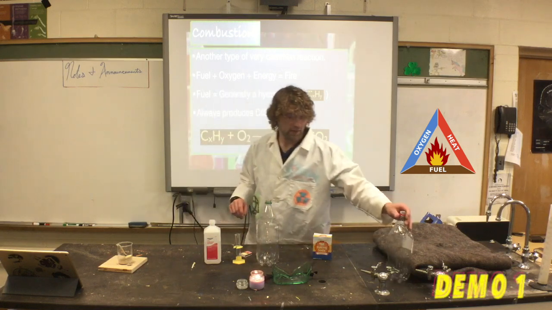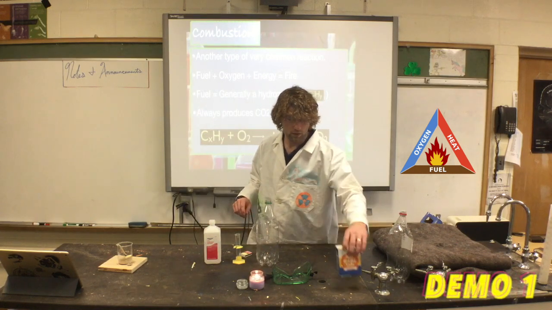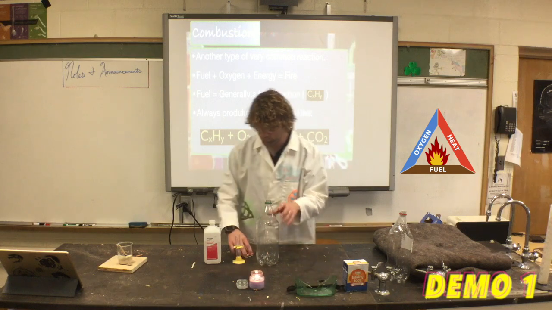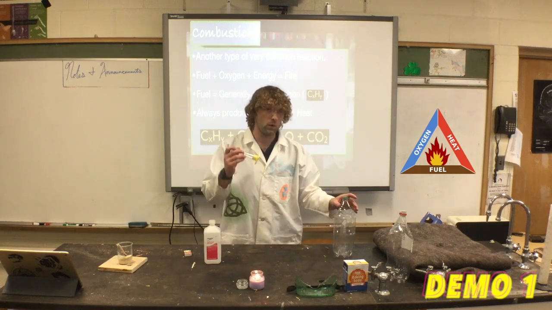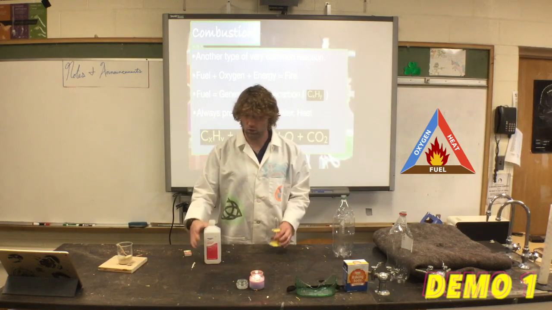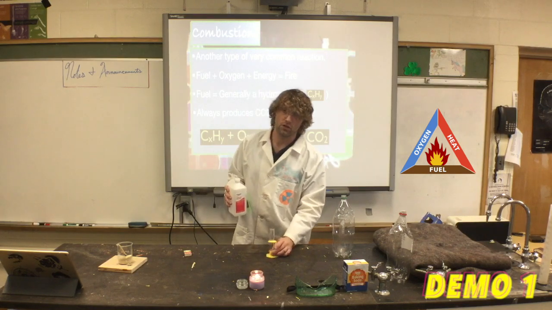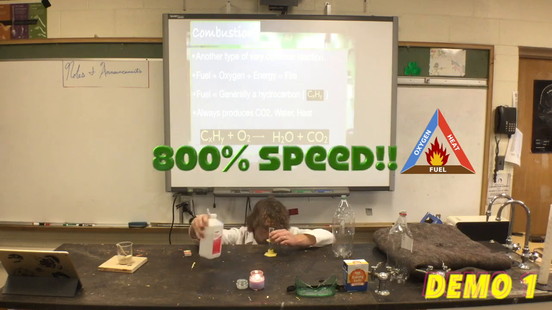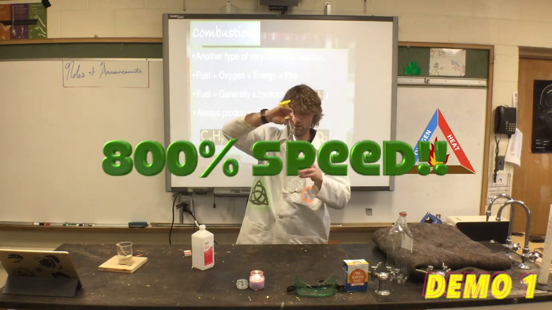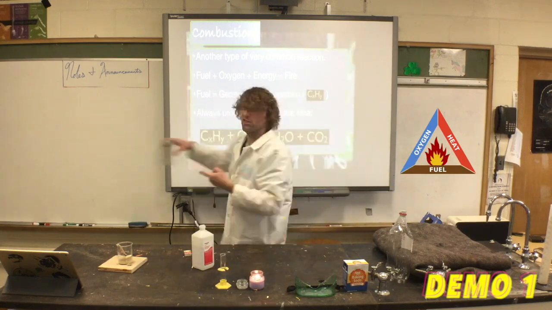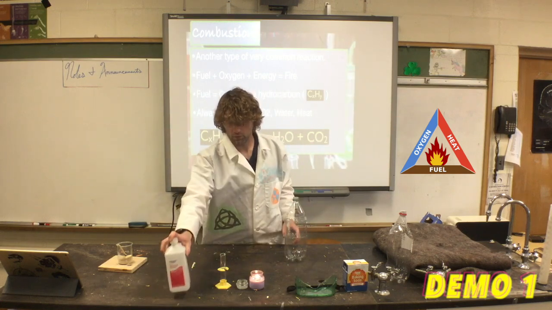So let me set my other bottle over here, get my safety stuff out of the way. I am going to take 1 milliliter, which is barely more than a few drops of ethanol. I'm going to measure it out appropriately. My fuel source out of the way.